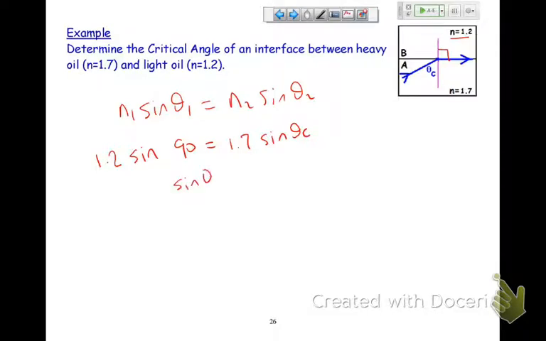So sine theta c is equal to 1.2 over 1.7, since sine of 90 is 1. And then we just get our calculators out.